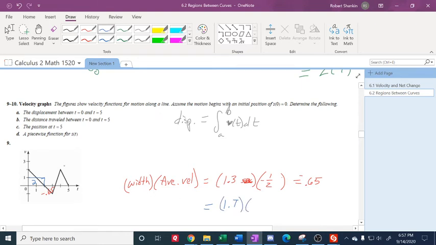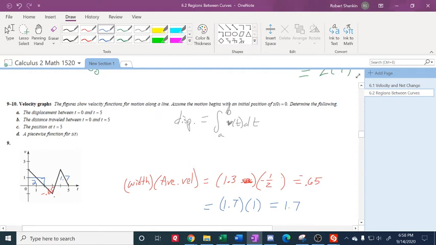And my average height, it goes up to a height of 2, back down to a height of 1. Average height is about 1. So this would be 1.7. So add them all up together, and that's going to be my displacement.